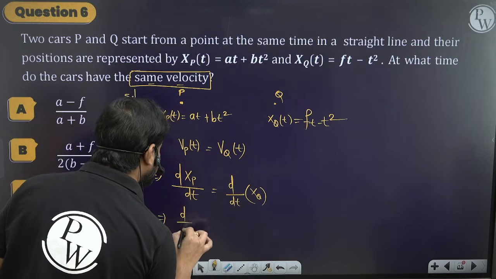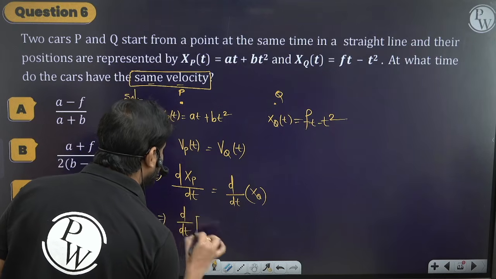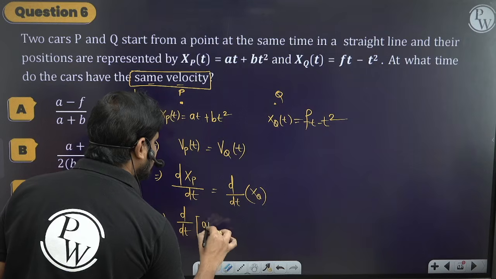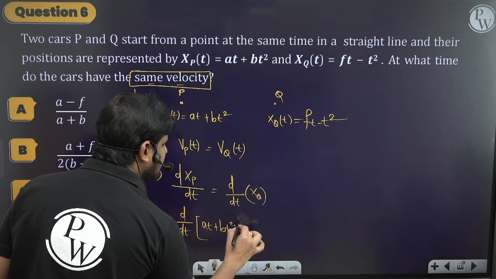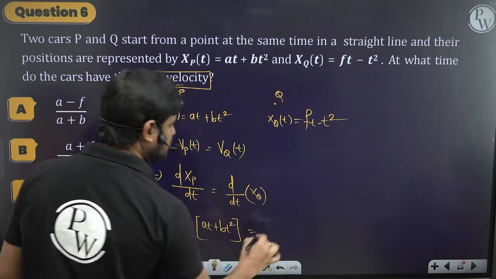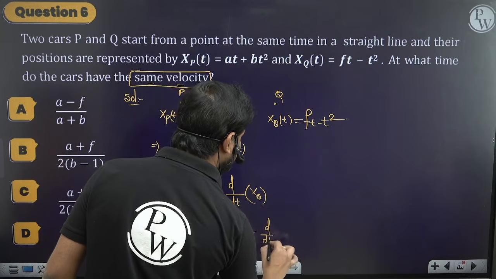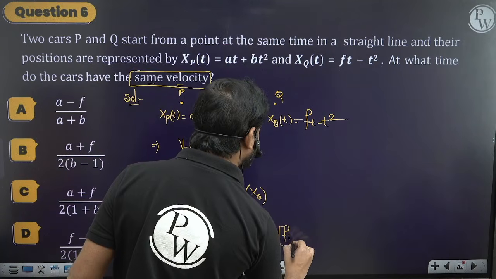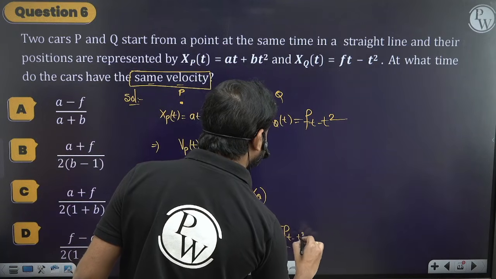The d by dt differentiation you already know, right? So d by dt of the displacement of car P, At plus bt square, is equal to d by dt of xq. What is the displacement of car Q? Ft minus t square.